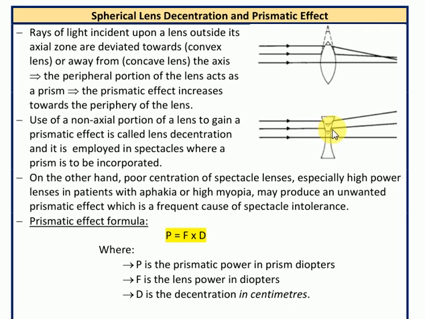This prismatic power in prism diopter depends upon the lens power in diopter multiplied by decentration in centimeter.